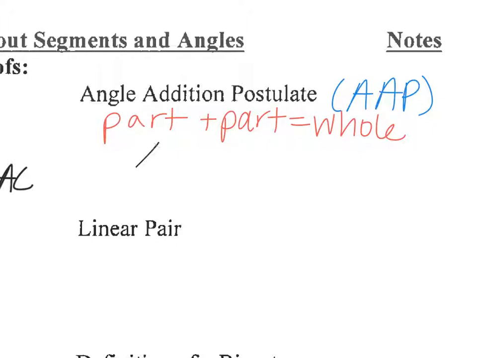And an example for you. Okay, so I have an angle. Let's call the whole angle ABC. And then there's ray BD in between.